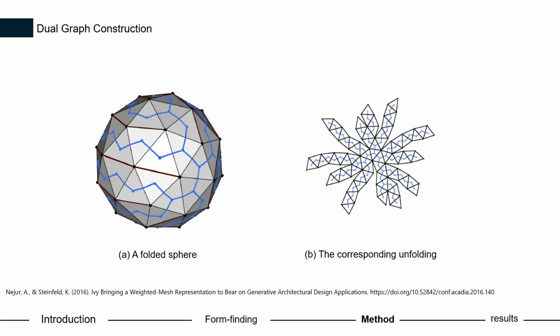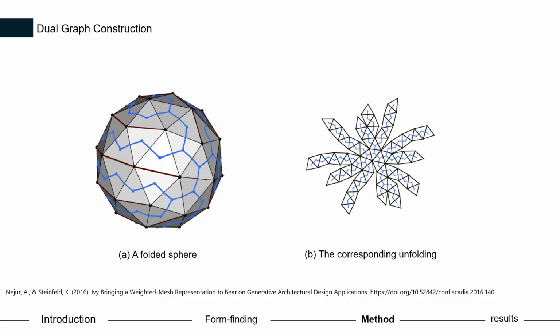Next, we construct the dual graph. Here you are seeing a simple regular mesh in which a graph-based method is used to unfold it.